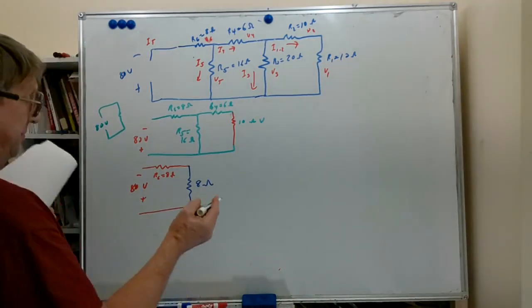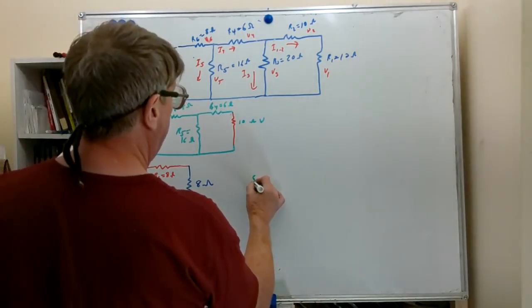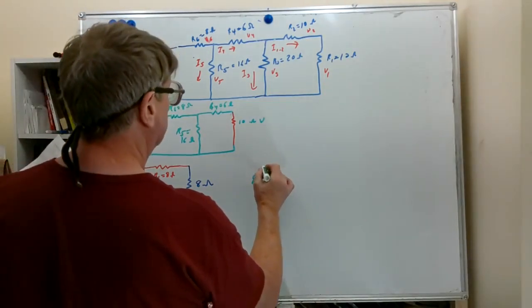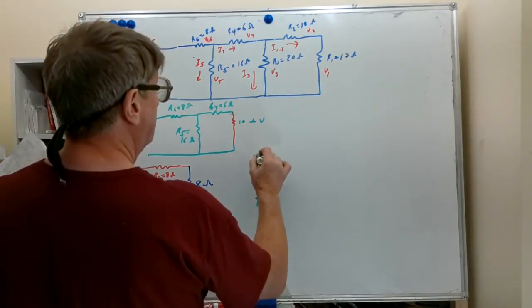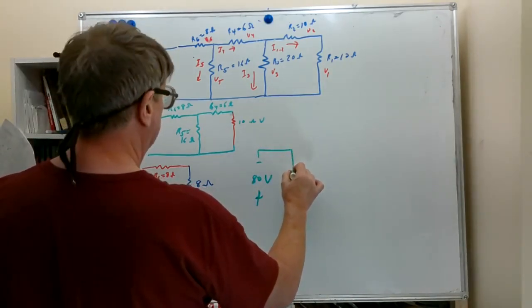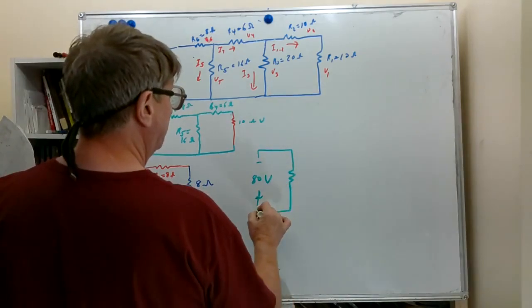So we're going to draw, I'm going to go right over here and draw that. 80 volts. So we replace this with a single 16 ohm resistor.